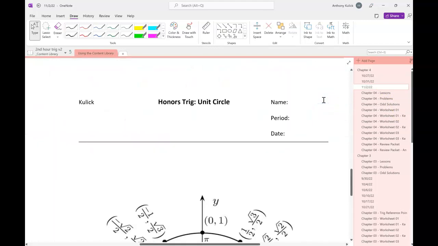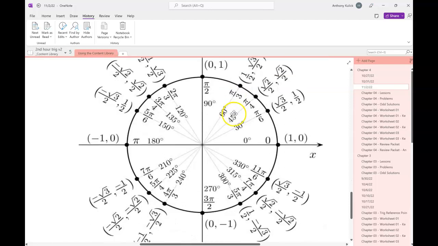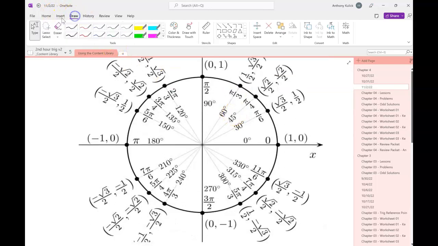I found 45. And what is tangent? Y over x. So what's root 2 over 2 divided by root 2 over 2? Exactly.